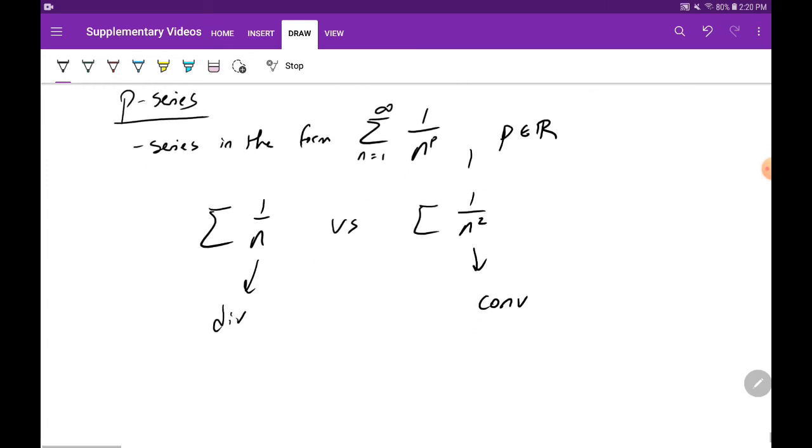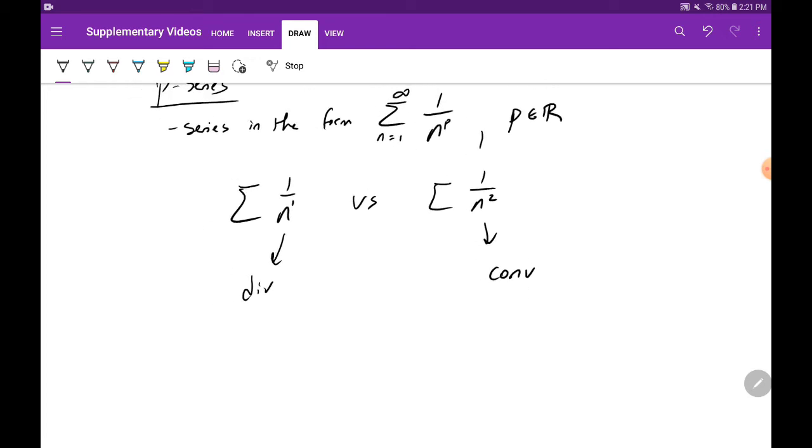There is this phenomenon that as soon as you pass over the value of 1 and go on to anything greater, like 1.00001, as soon as you tip over, something really interesting happens. The series actually starts to converge, which is really cool.